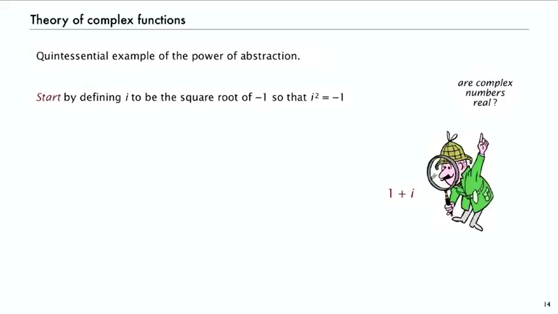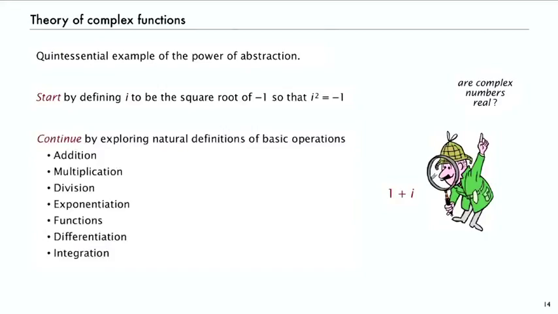No real number has a square of -1. So we'll define a number that's the square root of -1, and we'll call that i. i squared is -1. Does i occur in the real world? Well, no, it's an abstraction. But it's an abstraction that helps us understand a lot about the real world.